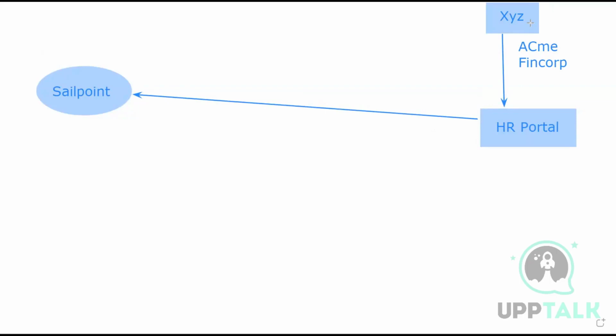So whenever an employee is going to join any company, HR people will gather their information and store that employee information in their portal, in their source data, basically. So this application is already integrated with SailPoint, which means the application onboarding is done for the HR application.